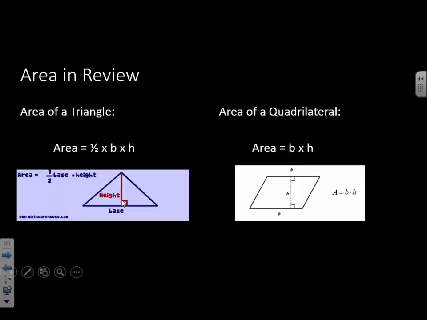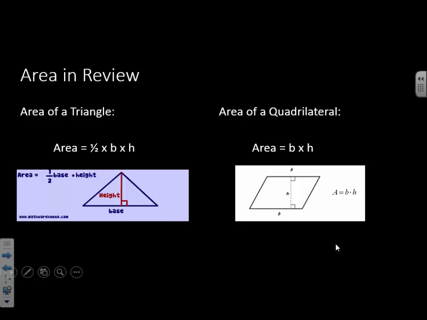All right, and then we have the area of the triangle, and depending on the unit that we're using, area will always be squared because we're taking 2 dimensions, the height and the base. So 2 dimensions we're multiplying together, area is always squared.